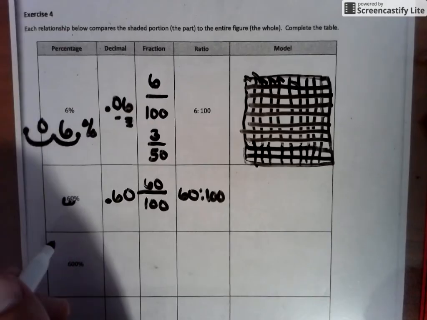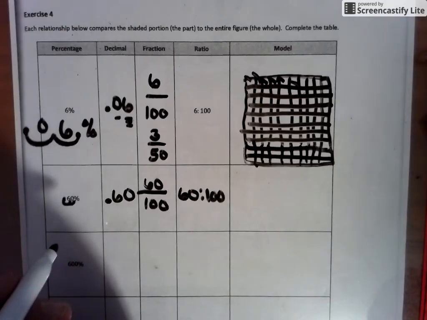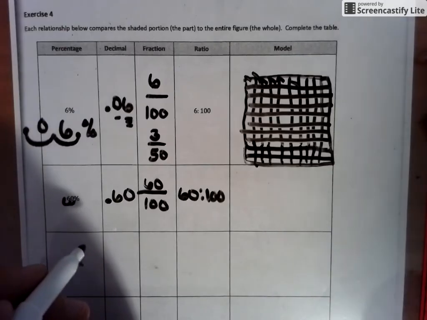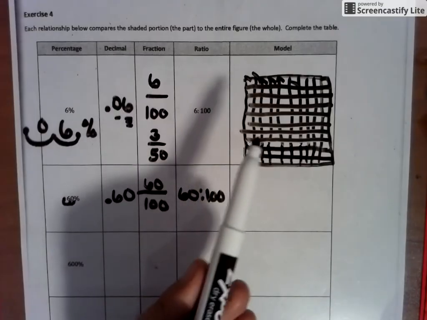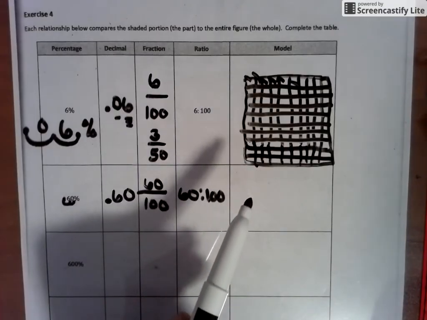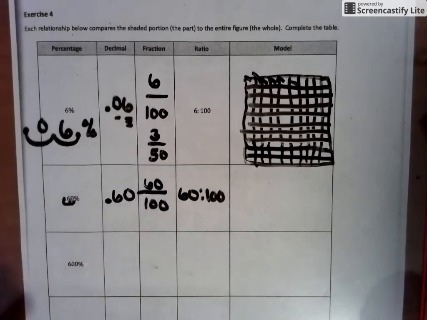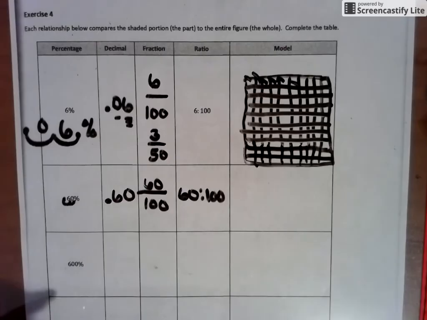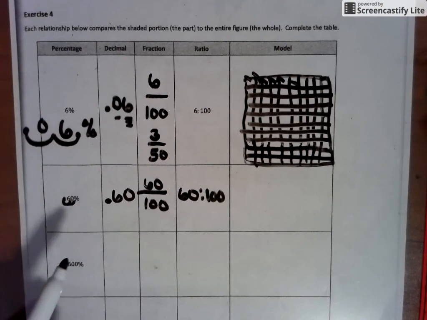Remember, every whole number has a decimal after the last digit, and we jump 2 jumps, 1, 2. So now we have decimal point 60, which is our decimal version of 60%. You would draw the same kind of model drawing, but instead of coloring 6 boxes, you would be coloring in 60 boxes.